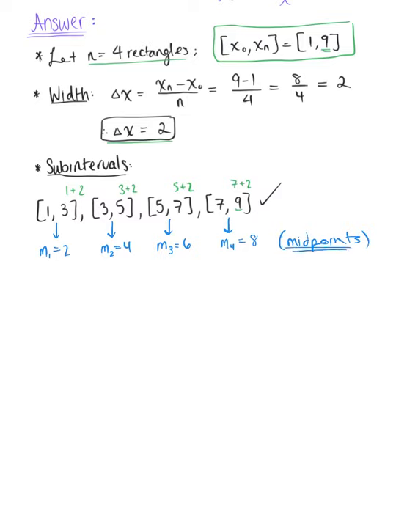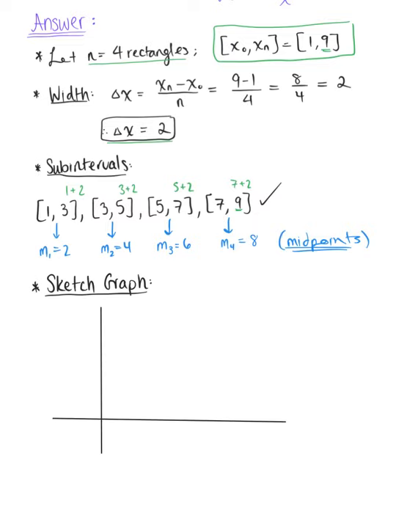So let's go ahead now and sketch a graph, and we'll calculate the heights for each midpoint. So here we go. We've got our y-axis and the x-axis. We'll keep in mind here, we're just thinking about the portion of the reciprocal function between the endpoints 1 and 9.